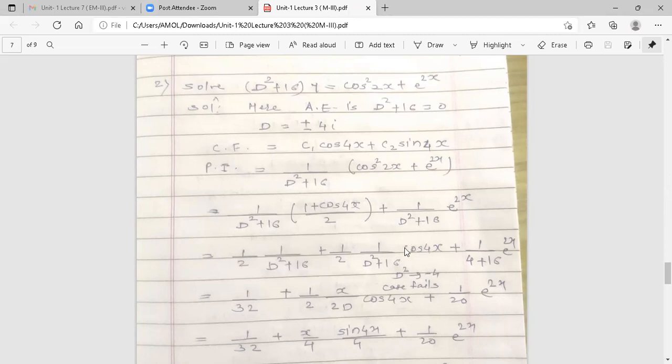Now how to solve for cos function? Replace d square by minus a square. So what is the value of a? It is 4. The square of 4 is 16.